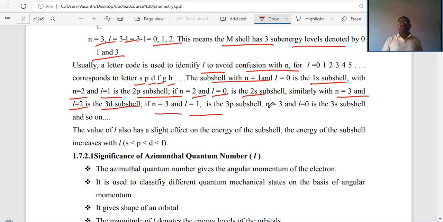Here n equal to 3 and L equal to 0, that is what? The 3s subshell. The value of L also has a slight effect on the energy of subshells. The energy of these subshells increases with L.